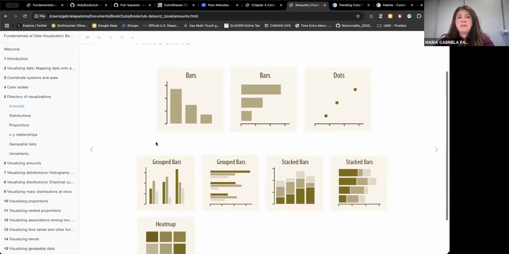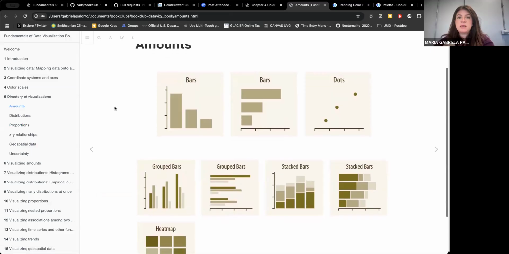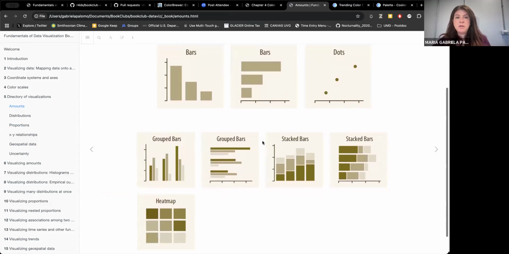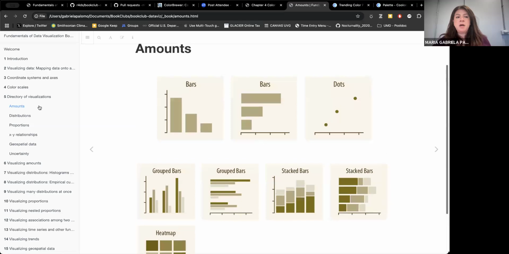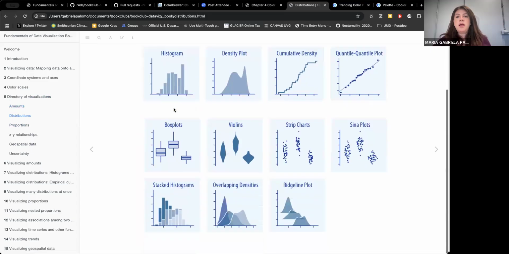The thing that I did with this chapter was I only pasted the graphs, because the information that the author provides is not a lot. But I think the way we can use this going forward is, if we click any of these subtitles, we will have access to just the graphs and the name of the graph.